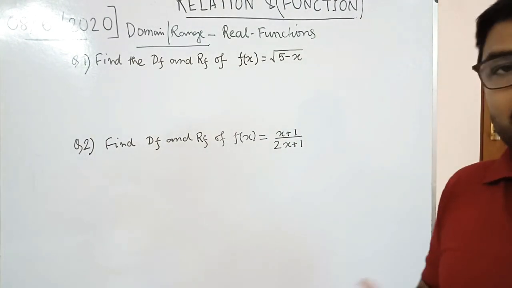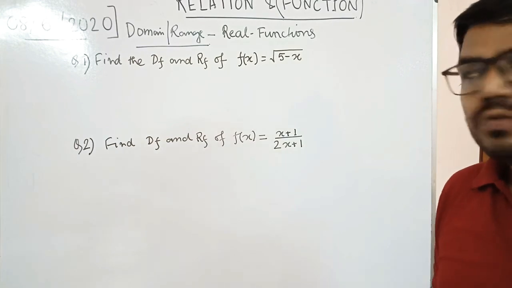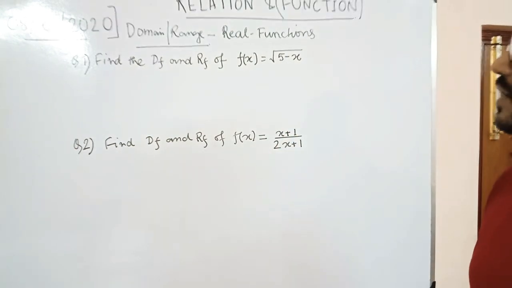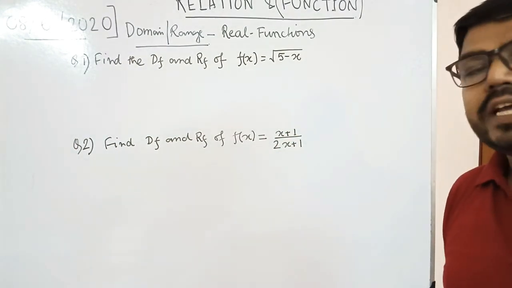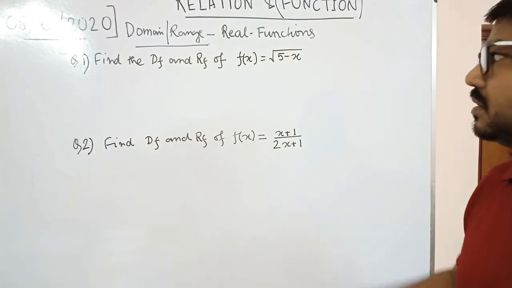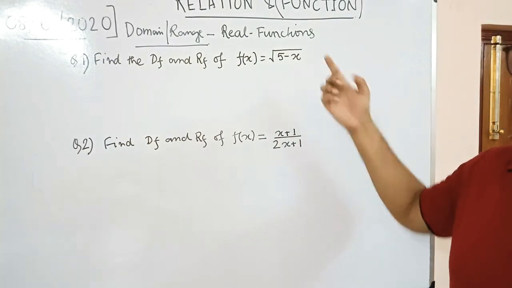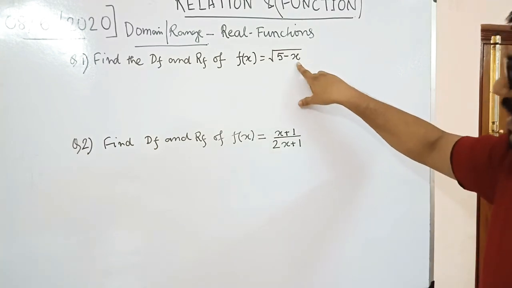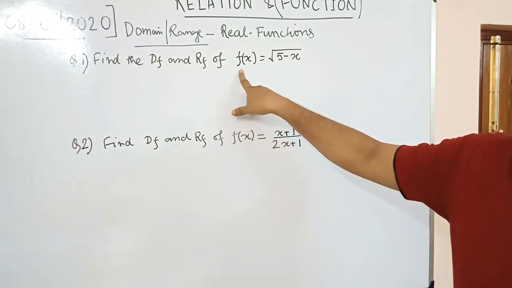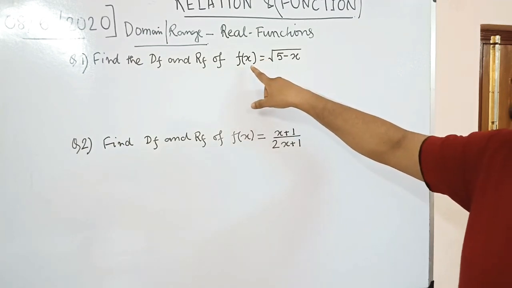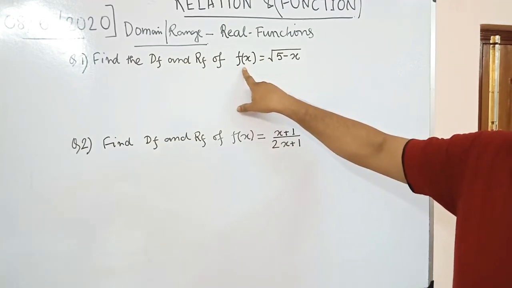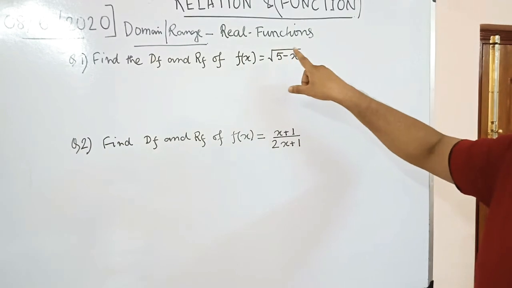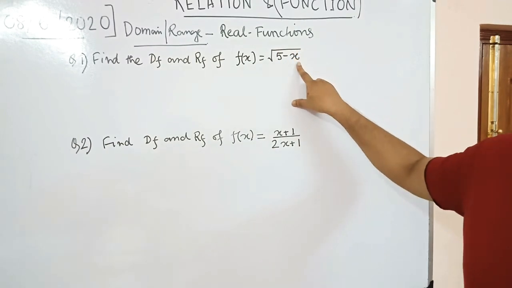So domain is typically the set of x values for any real function, and range is the set of y values. That means x is the independent variable, whereas y is the dependent variable. This y, which is f(x), actually depends on the value of x.